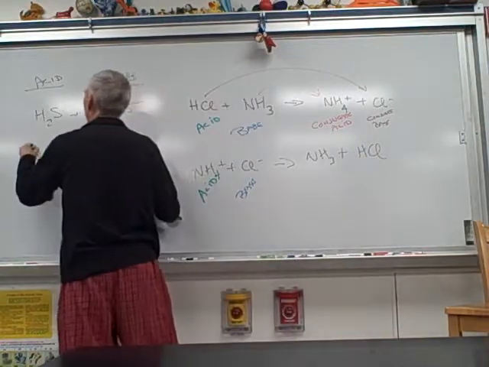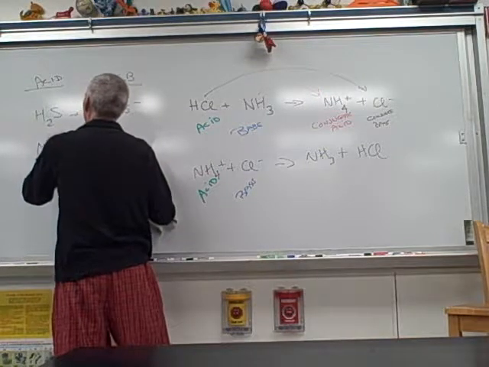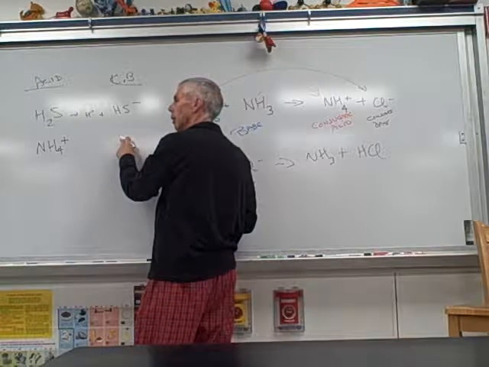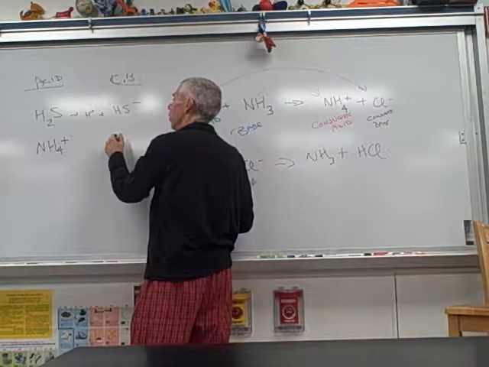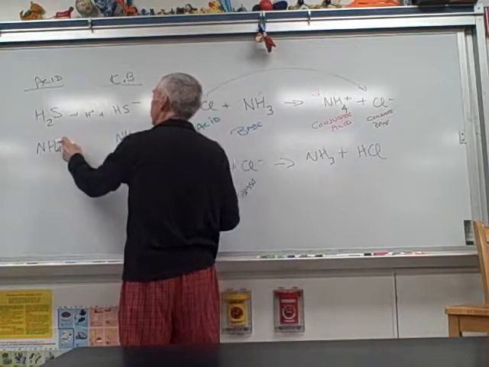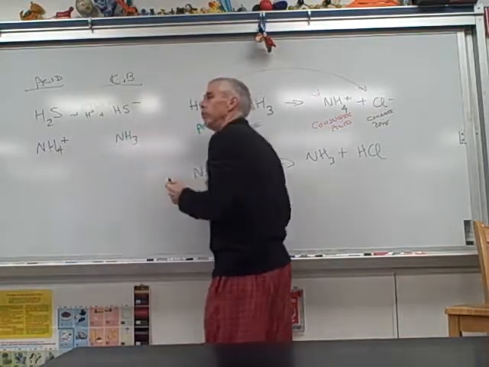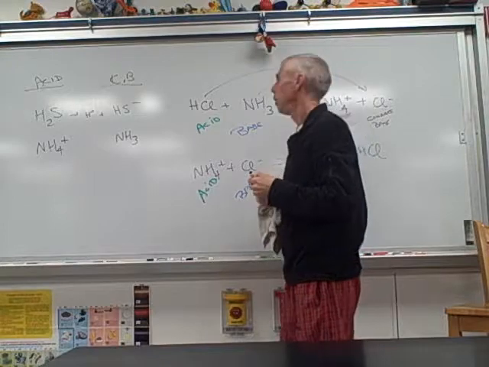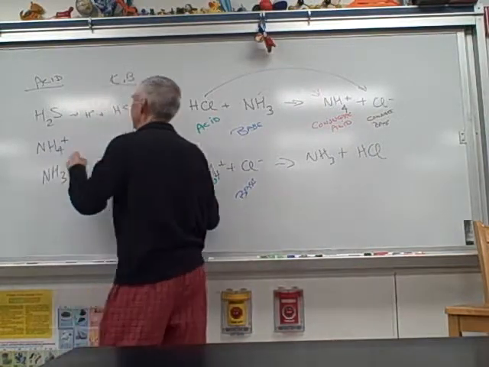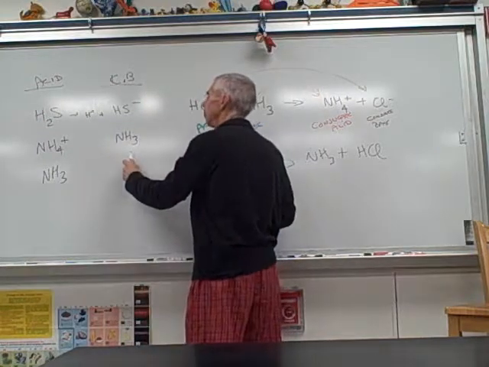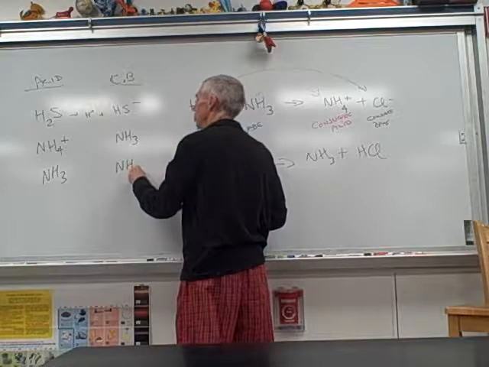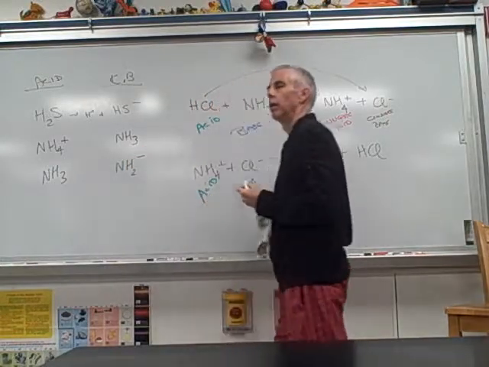If I said NH4 plus is my acid, what's my conjugate base? NH3. It lost an H plus, so it's neutral. If ammonia, the gas, NH3, acts like an acid, what's its conjugate base? NH2 minus.